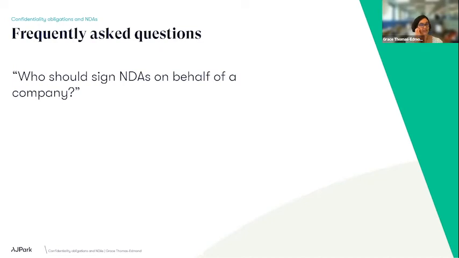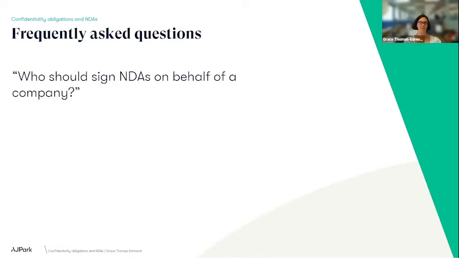Who should sign NDAs on behalf of a company? I touched on this earlier. There's no magic to it. In New Zealand, any authorised signatory can sign. If you're worried about authority, I would try and get it signed by a director, because that's going to give you a bit more to hang your hat on in terms of implied authority to sign.